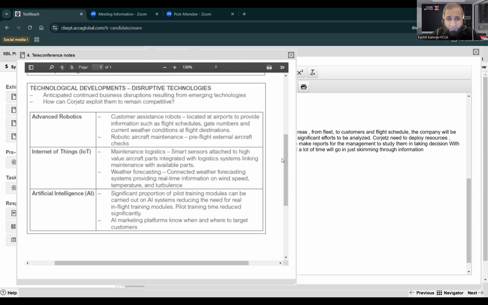Weather forecasting. Connected weather forecasting system provides real-time information on wind speed, temperature, and turbulence. So you can use Internet of Things in weather forecasting. You can get more up-to-date weather updates about any turbulence, about wind speeds, real-time information.